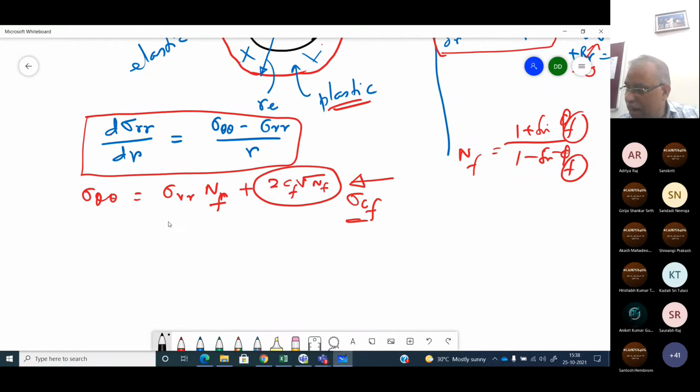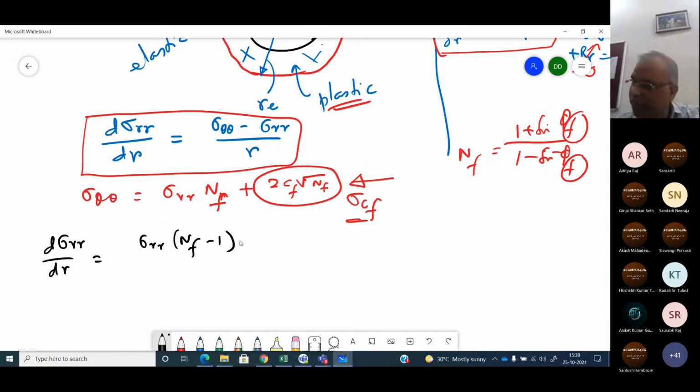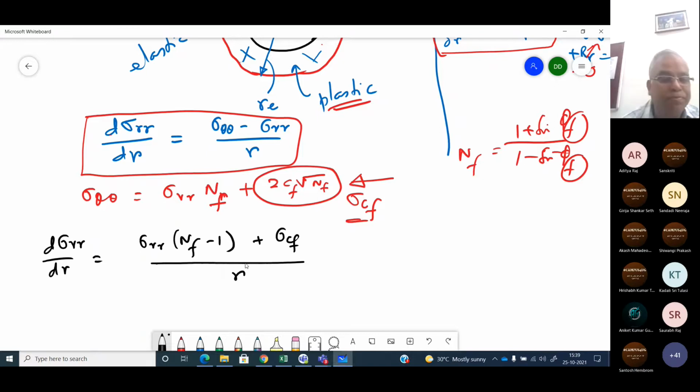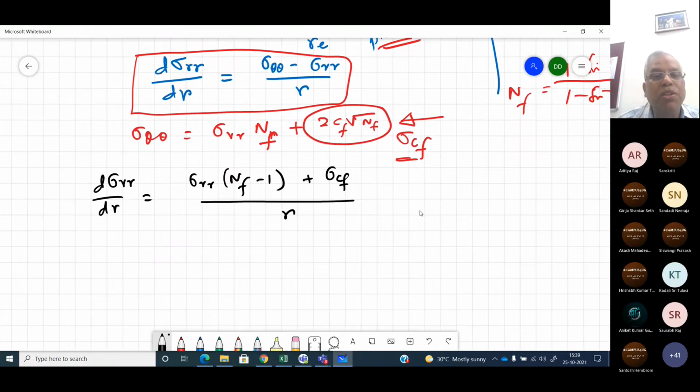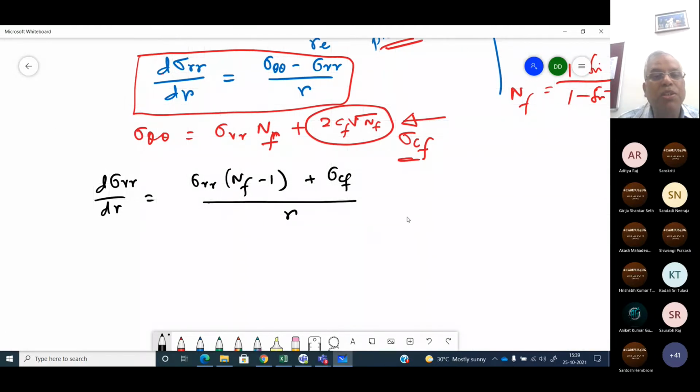So I will replace this in that equation. d sigma rr by dr is equals to, now you can see, sigma rr times NF minus 1 plus sigma CF by r. This equation becomes something like this. So now it is solvable.